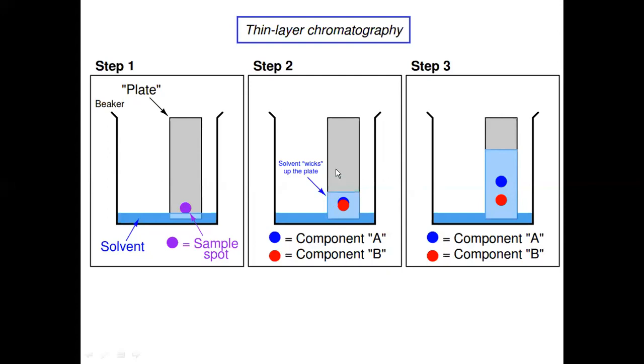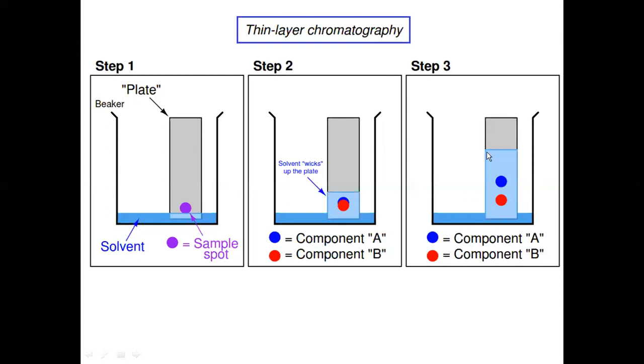While the mobile phase moves upward, it not only moves itself, but also takes solute molecules along. Assume component A and component B are present in a sample. This is the distance up to which the mobile phase has traveled soon after the immersion of the TLC plate into the solvent.